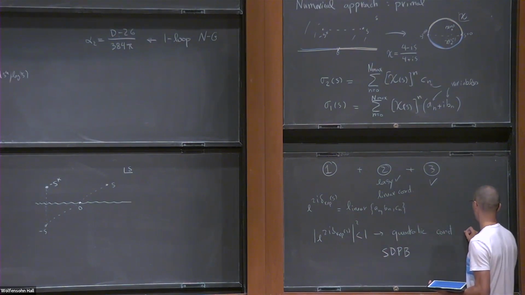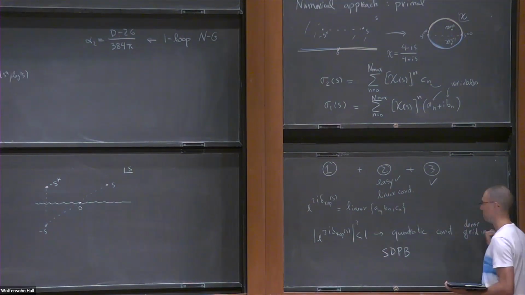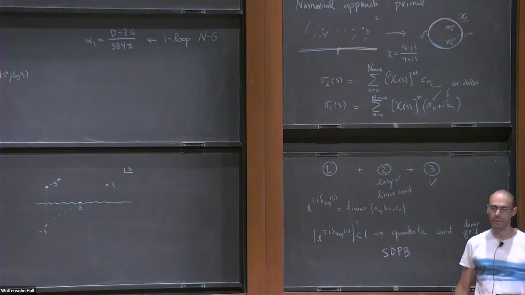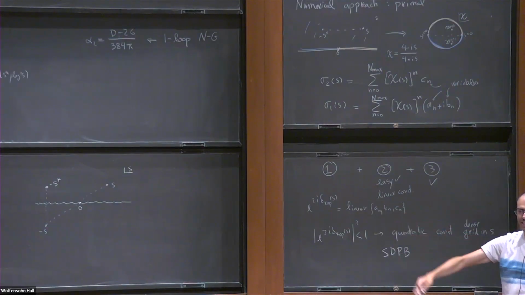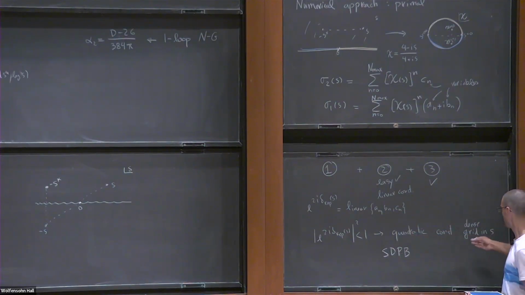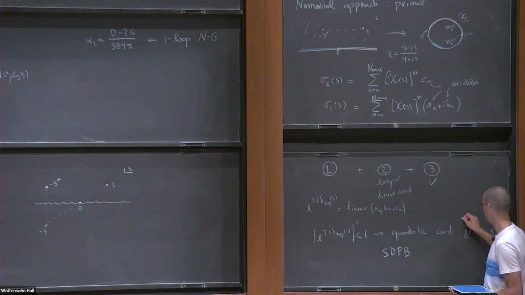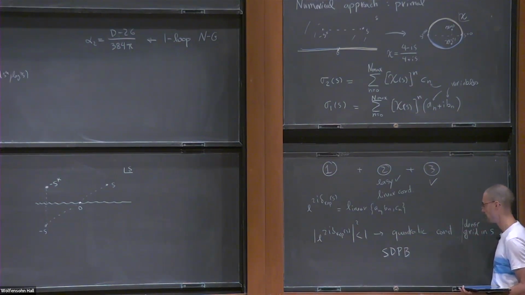We take a dense grid in s, going from 0 to infinity. Of course, the grid becomes less dense as you go to infinity because you take a finite number of points, but that's how you impose unitarity.